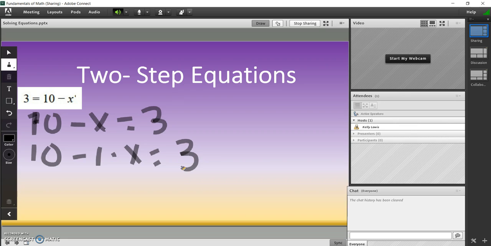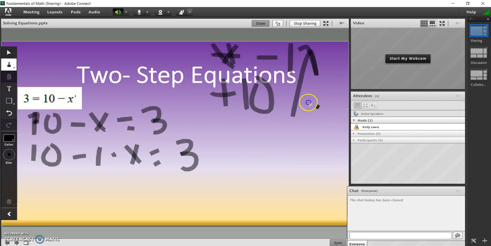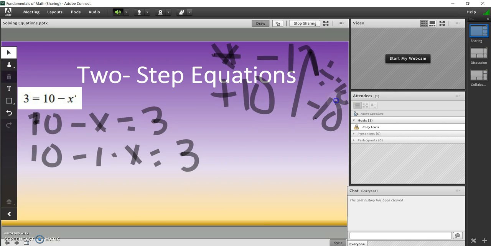The first thing happening is a negative 1 is being multiplied. The second thing is that 10 is positive. When we undo the equation, we're going to subtract the 10, and then divide by that negative 1.